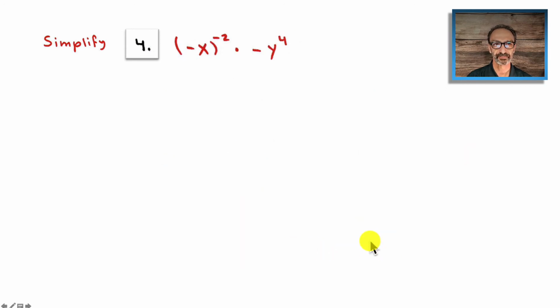Number 4. Now notice right here that this negative is part of the base. But one way to handle it is bring this down and make it positive. So take the reciprocal of this, bring it down and make it positive. That's this rule. Negative x to the second means negative x times negative x.